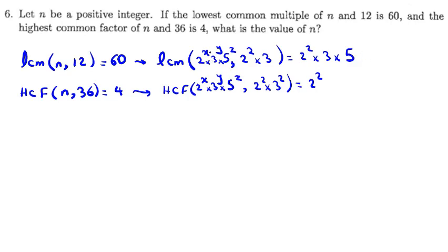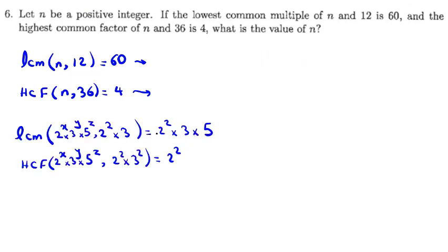So from the first one, let me write them here. Okay, from the first one, we know in LCM we select the greatest one. So because we have 2 here and 2 here, x cannot be greater than 2. Because if x is, for example, 3, then in LCM you select 3. But because we select 2 here, x can be 2, 1, or 0. So x is less than or equal to 2.